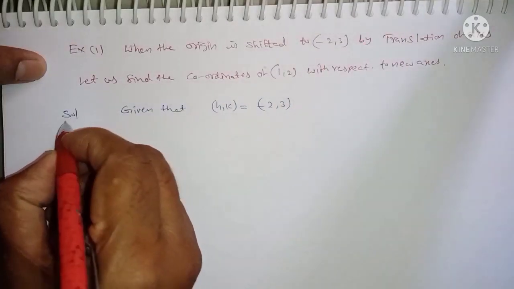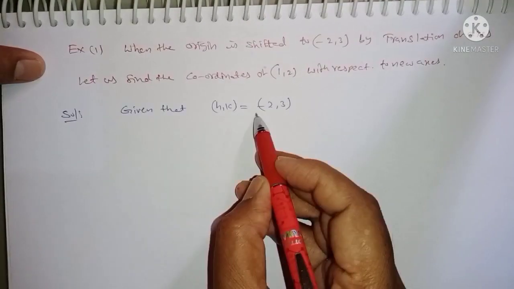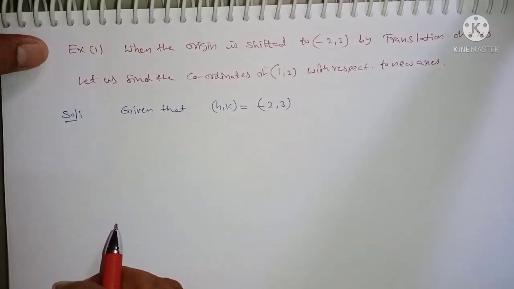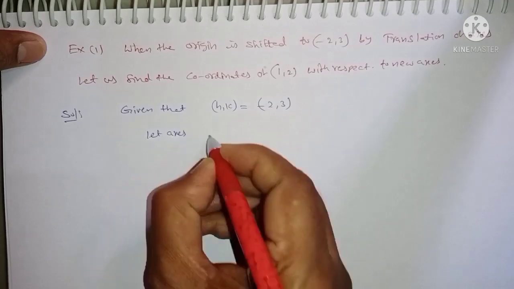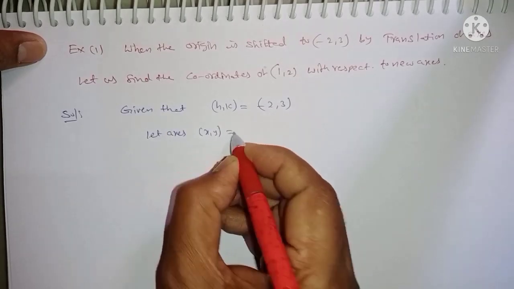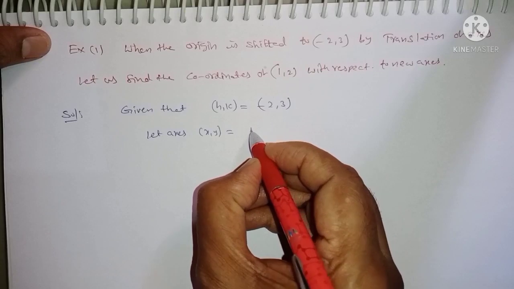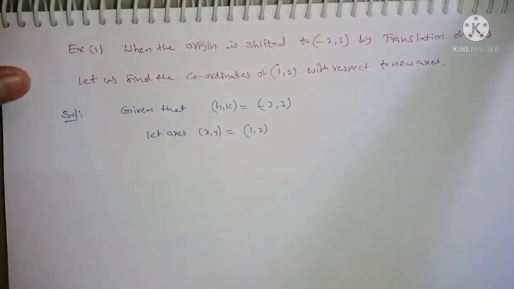Solution: observe here. Given that (h, k) = (-2, 3). Let the axis be (x, y) = (1, 2), which is given. Then find the new axis.